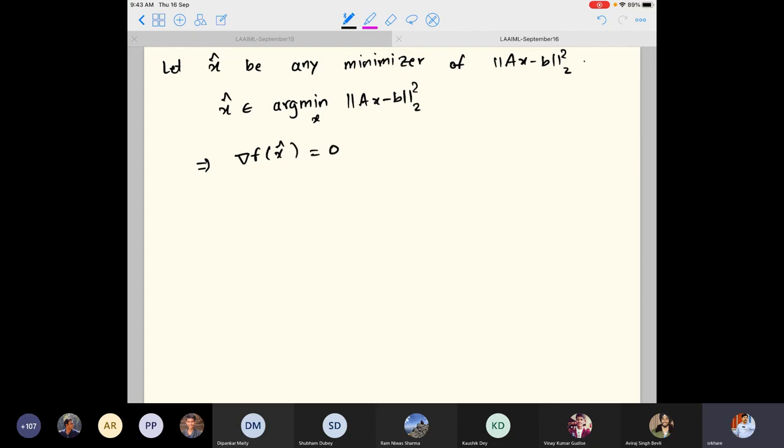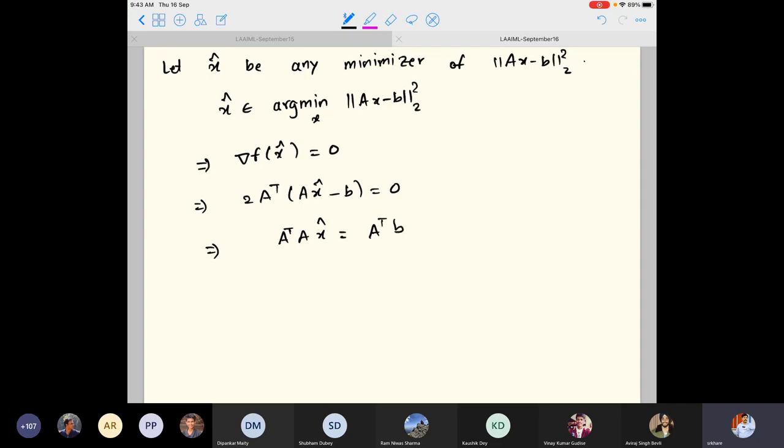Is that correct? So if gradient of f(x hat) is 0, what does that mean? That means, what is gradient of this? So A transpose (A x hat minus b) is equal to 0, which we can write down as A transpose A x hat is equal to A transpose b. Correct?